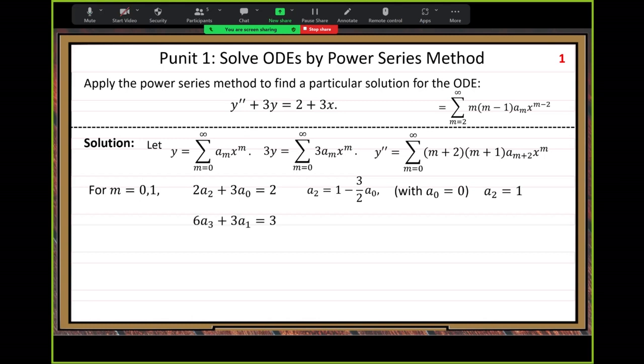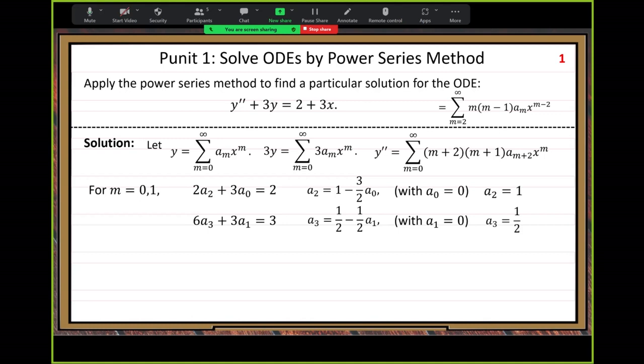Okay. Similarly, the second one, you plug in m equals 1, so 3 times 2 is 6. 6a3 plus 3a1 equals second term coefficient 3. So then you write a3 expression. Similarly, with a1 equals 0.